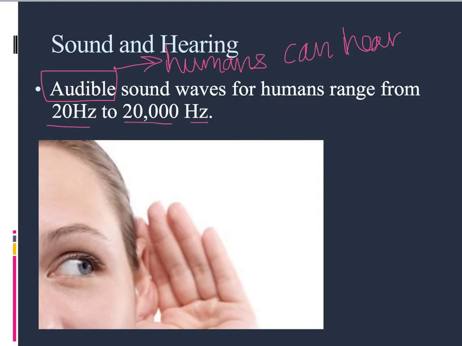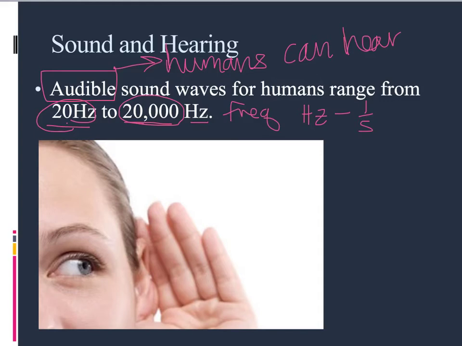Remember, hertz is a unit of frequency, and frequency means how many times a wave waves per second, because a hertz is equal to 1 over seconds. So this means the wave waves 20 times per second, and here 20,000 times per second.